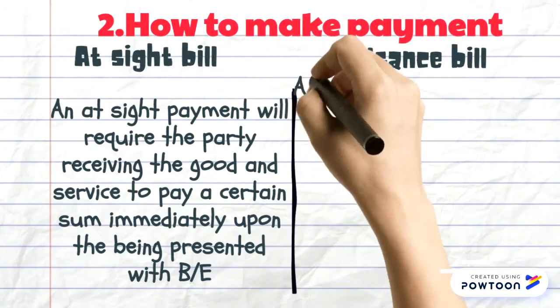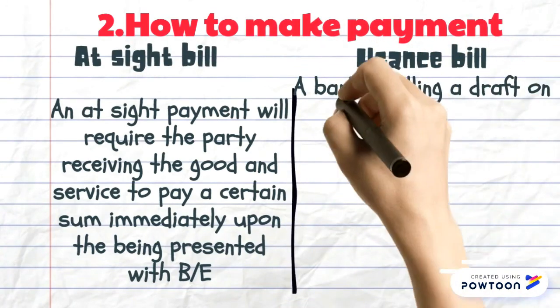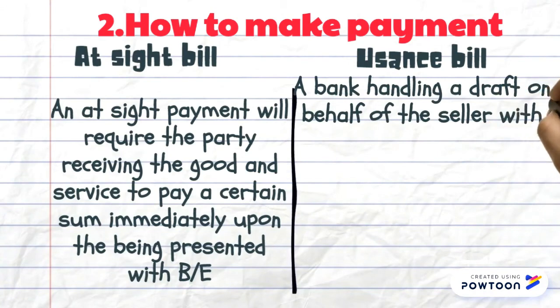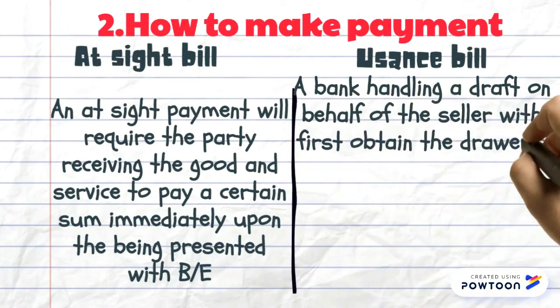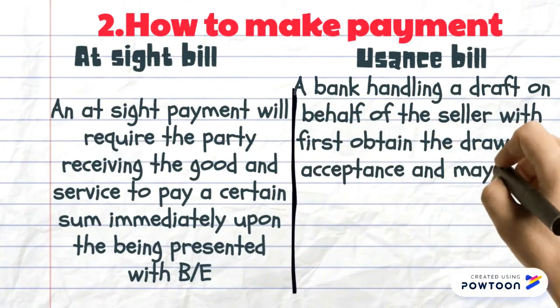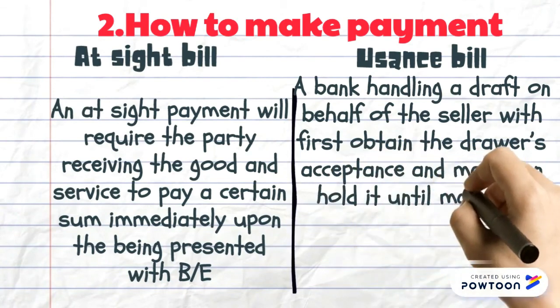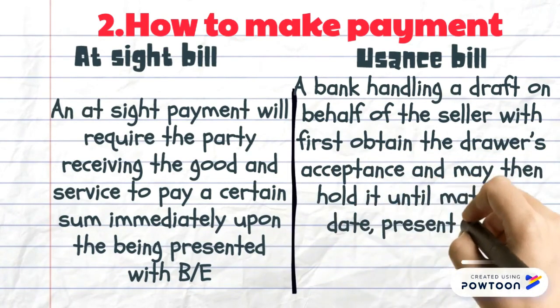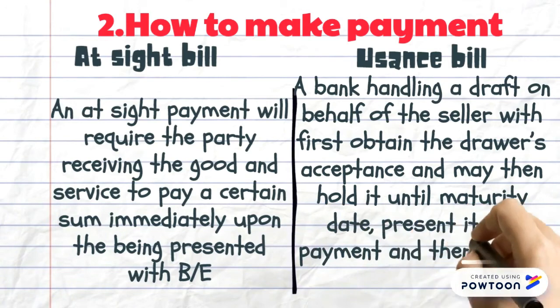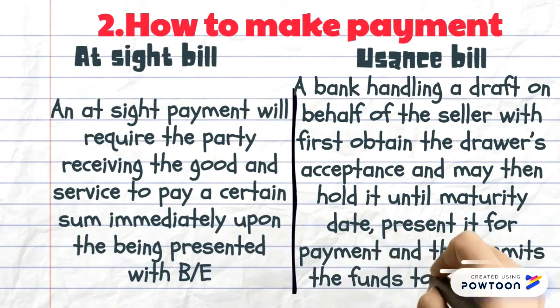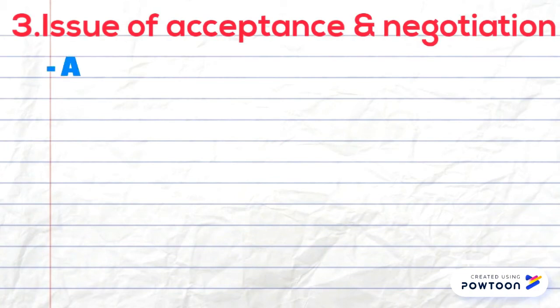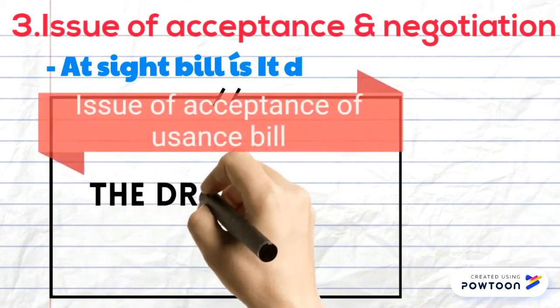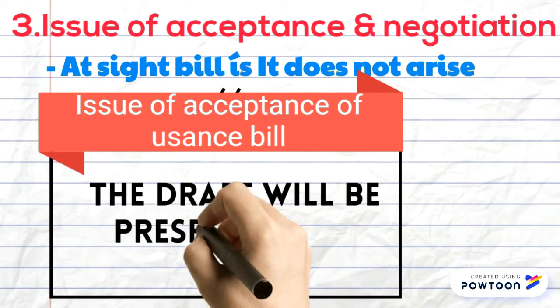With a usance bill, a bank hands a draft on behalf of the seller to the drawee first for acceptance, and may then hold it until the maturity date, present it for payment, and then remit the funds to the seller. Issue of acceptance and issue of negotiation: for a sight bill, these do not arise.